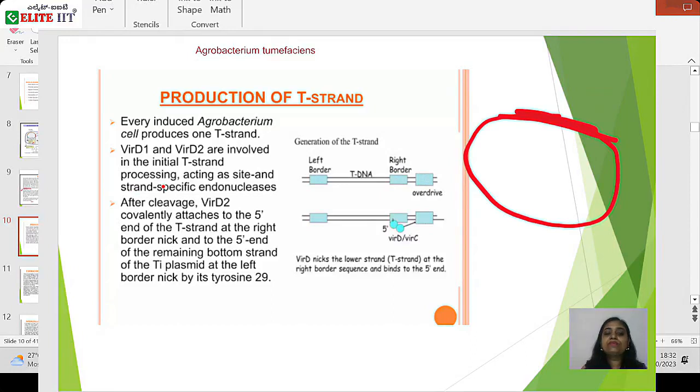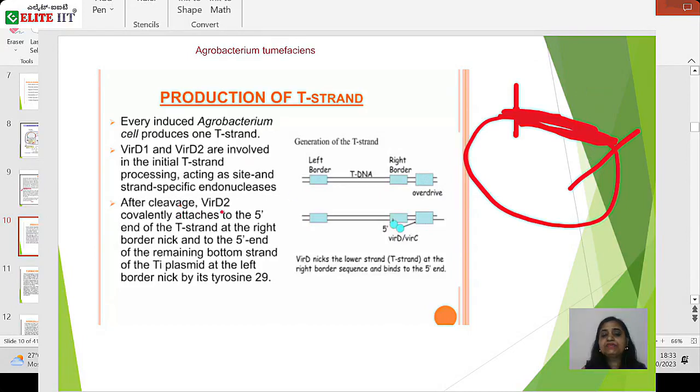We already know about VirA and VirG. Now we are going to talk about VirD1 and VirD2. T strand processing is done through D1 and D2, acting as site and strand specific endonuclease. In order to make the fragment of T-DNA, the first step would be the cutting of this strand. So an endonuclease should be there, and D1 and D2 are playing that role, the endonuclease activity.